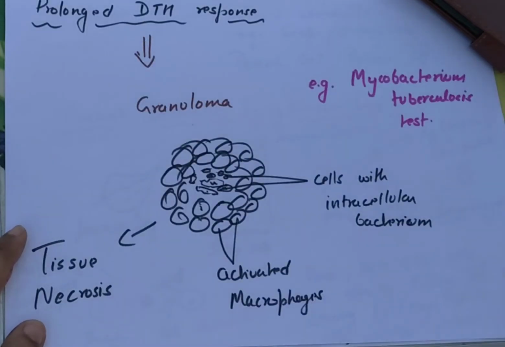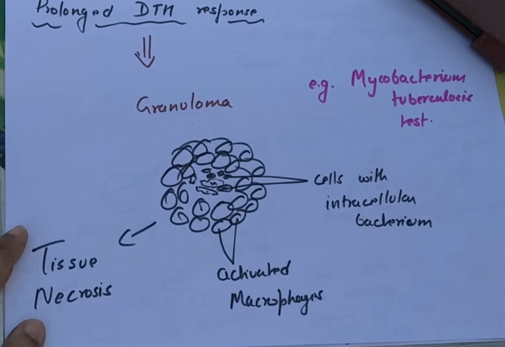A very common example of delayed type hypersensitivity is the tuberculin test, which is done for detection of tuberculosis. What happens if a person is already infected by Mycobacterium tuberculosis? The person has cells containing intracellular Mycobacterium inside the body.